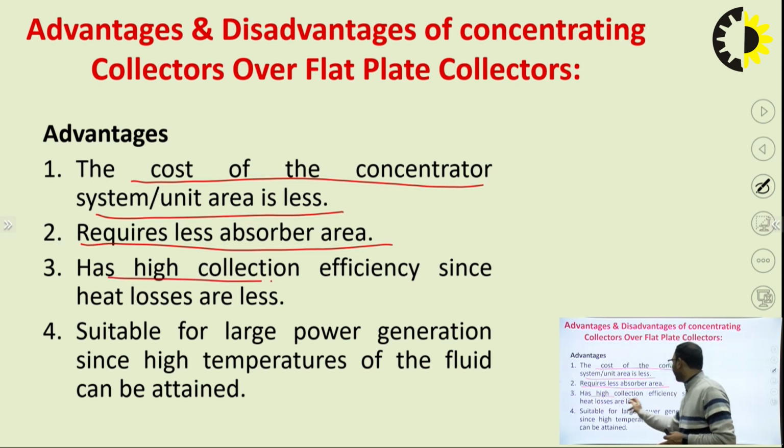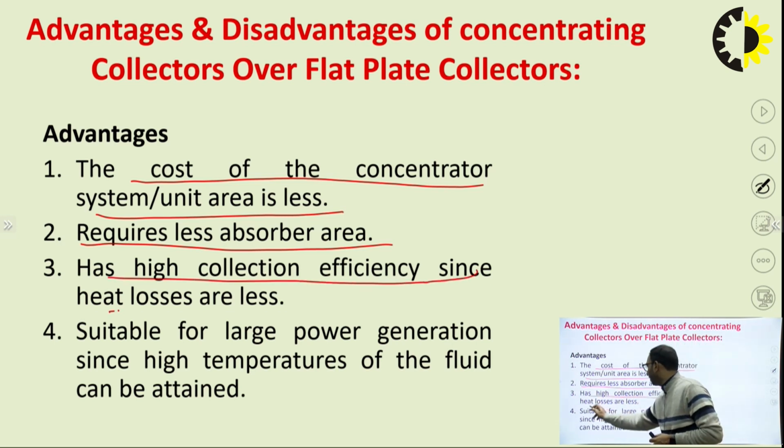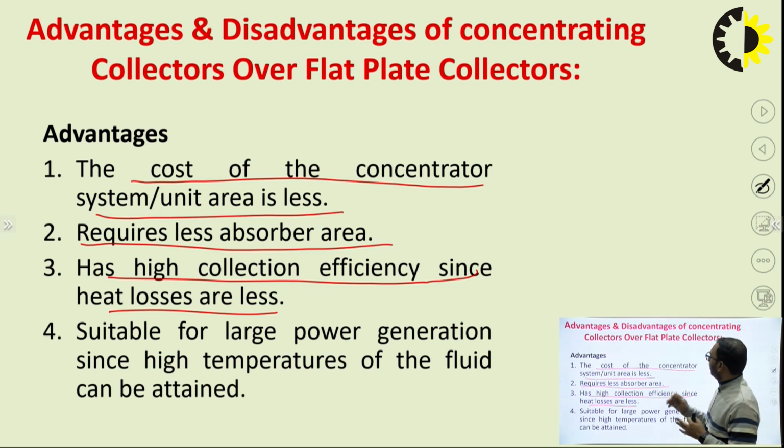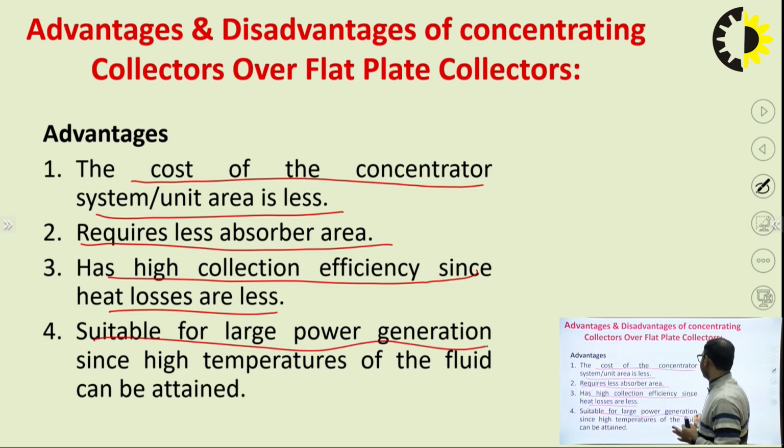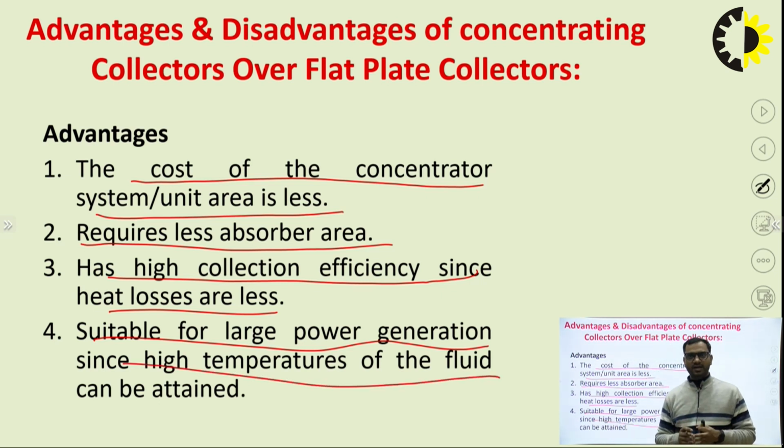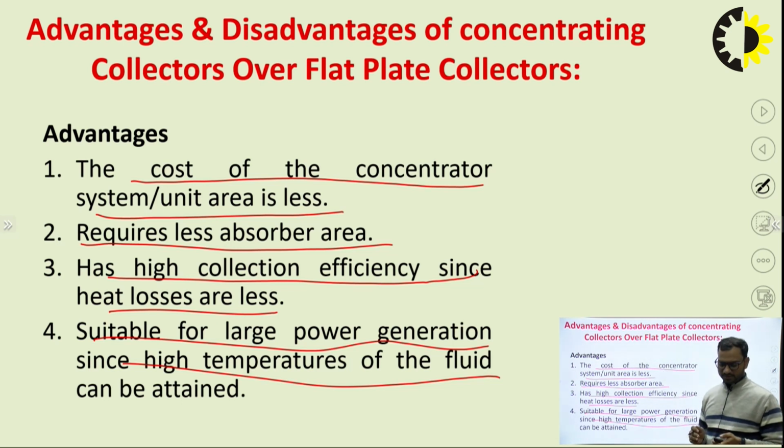They have high collection efficiency since heat losses are less. Concentrating type collectors are suitable for large power generation since high fluid temperatures can be attained. So for electricity generation, we can use concentrating type collectors.